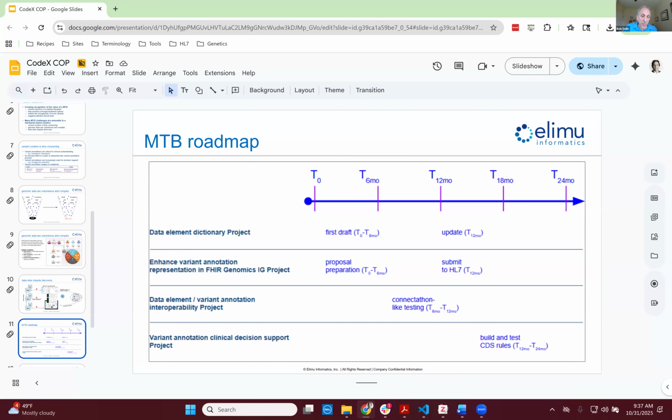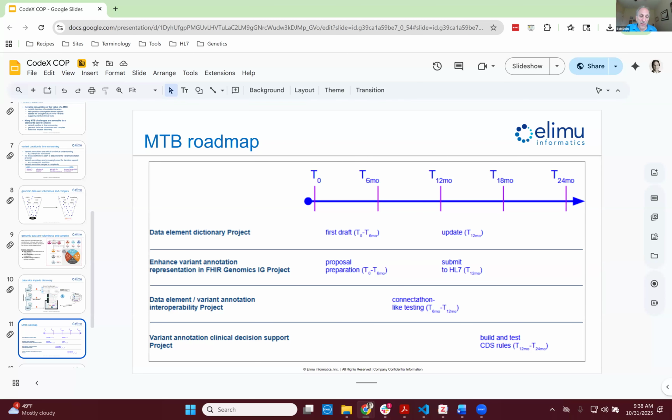And so this project here is basically preparing a proposal for the HL7 Clinical Genomics Committee to enhance the way that we communicate variant annotations or that we query for variant annotations in the FHIR Genomics standard.